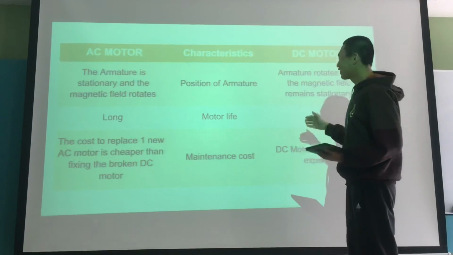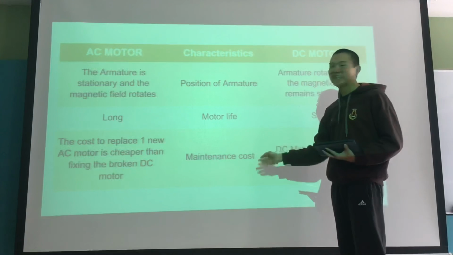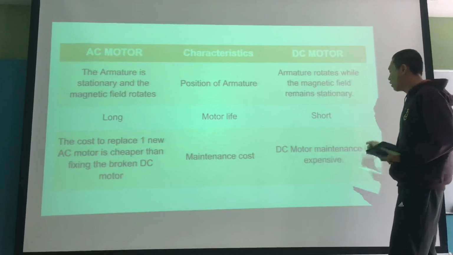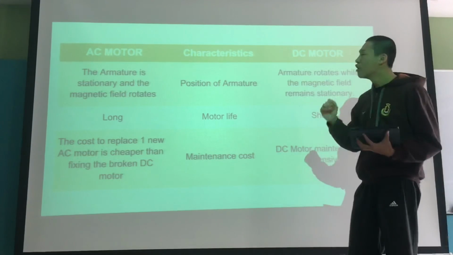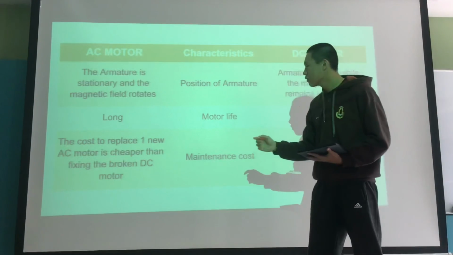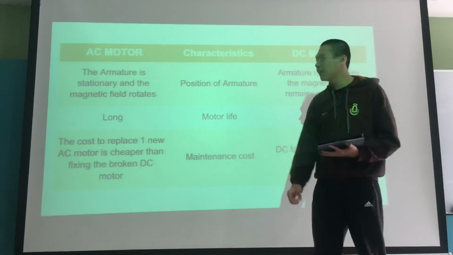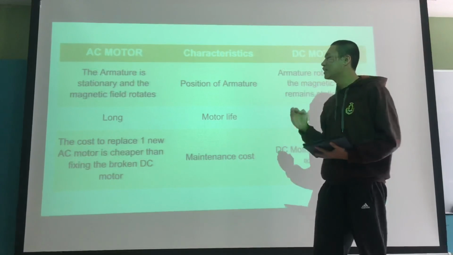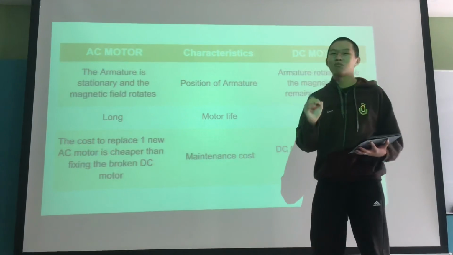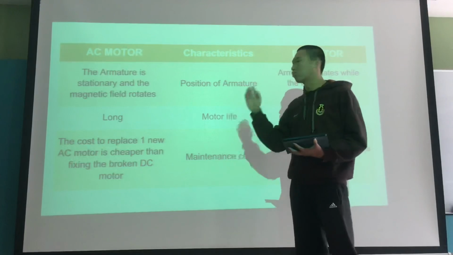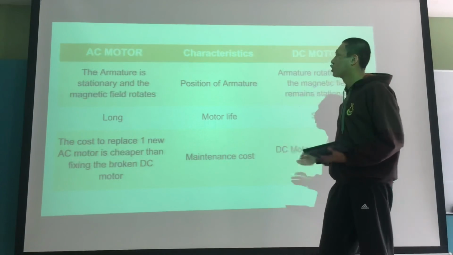The last thing is maintenance cost. The maintenance cost for the DC motor is expensive, but for the AC motor, the cost to replace one new AC motor is cheaper than fixing a broken DC motor. Hence, the maintenance cost for the AC motor is way cheaper than for the DC motor.